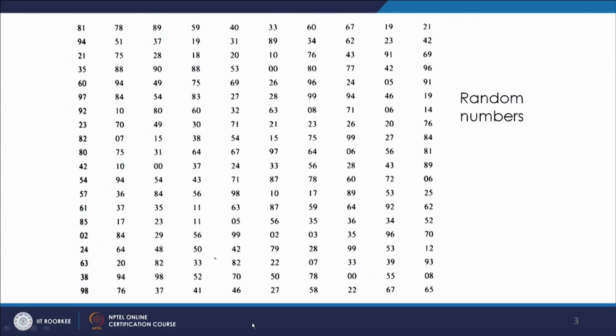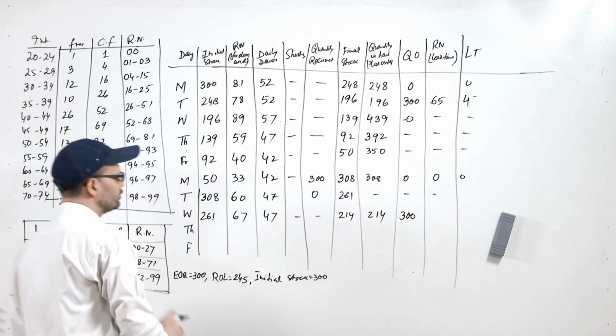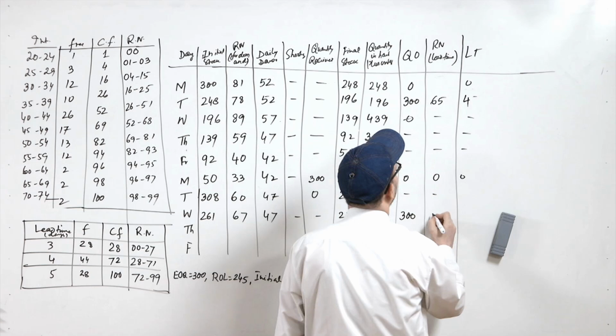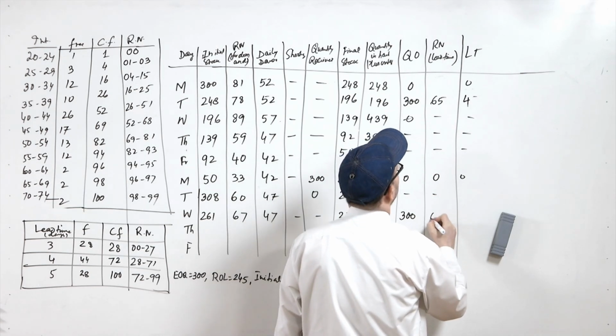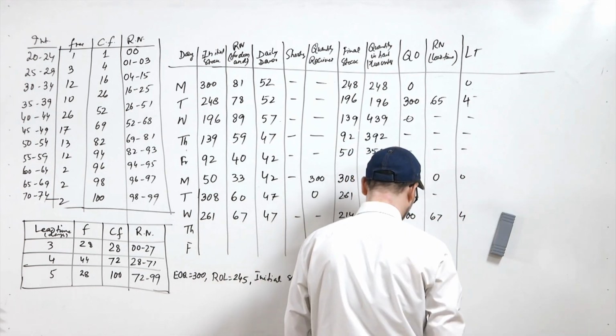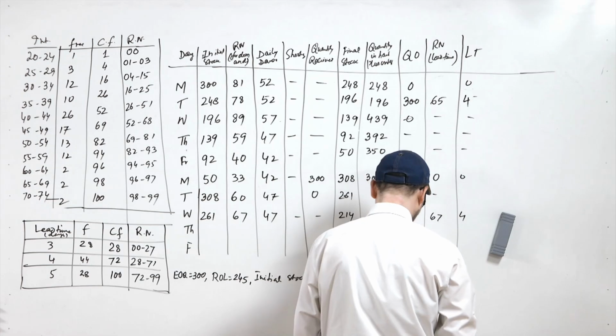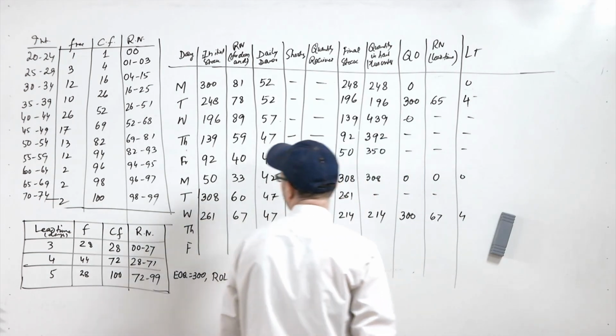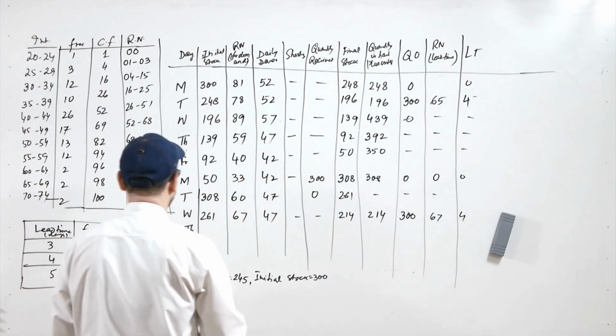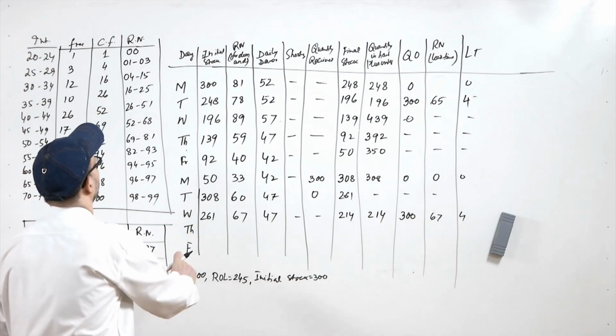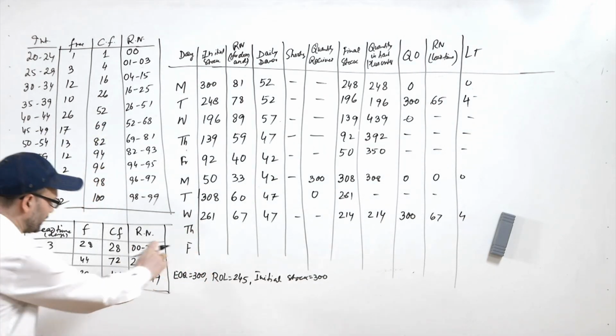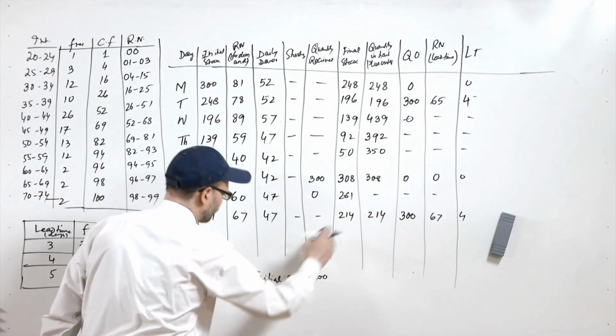If you look, this is 67. So, again 67 comes into this range, so it will take another 4 days. So, this quantity will be received later: Thursday, Friday and then Monday and Tuesday. So, on the next Tuesday this 300 quantity will come.